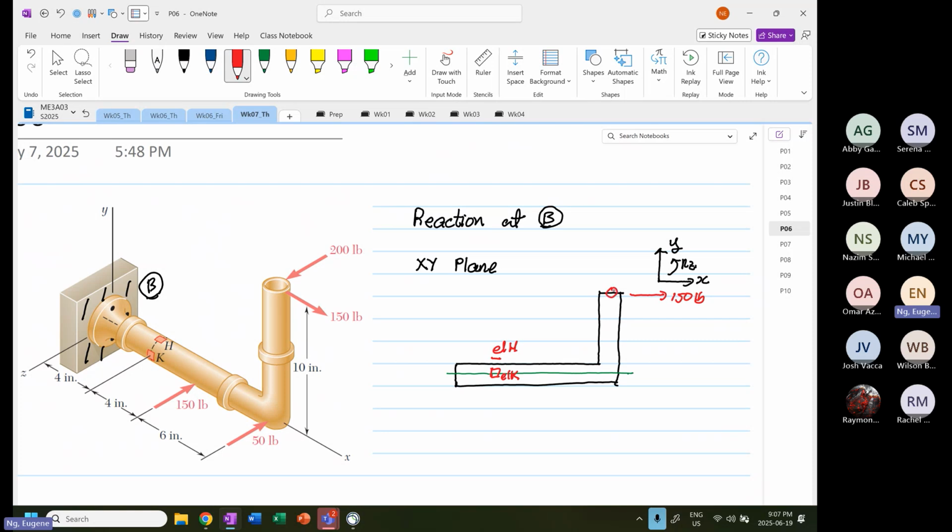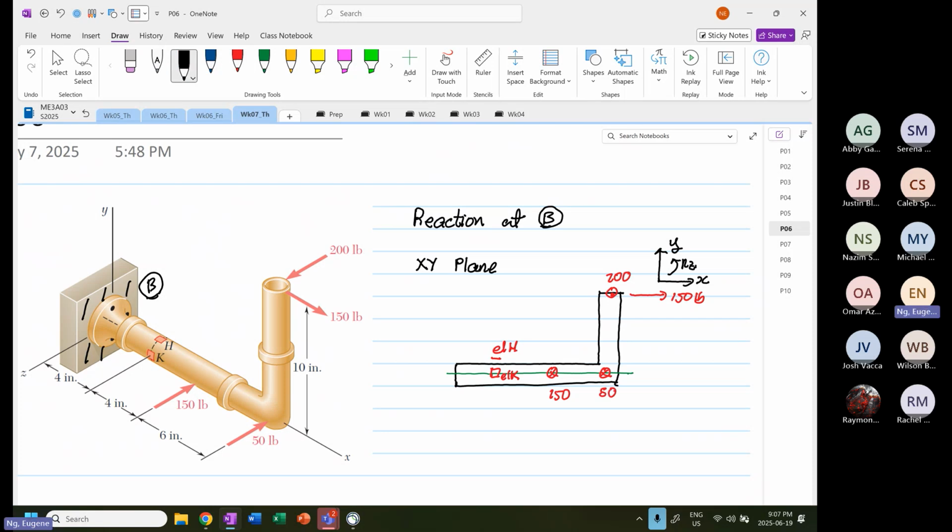The rest we can't analyze, because remember I told you to ignore the dots and crosses. So this is your 200, this is your 150, and this is your 50, right?